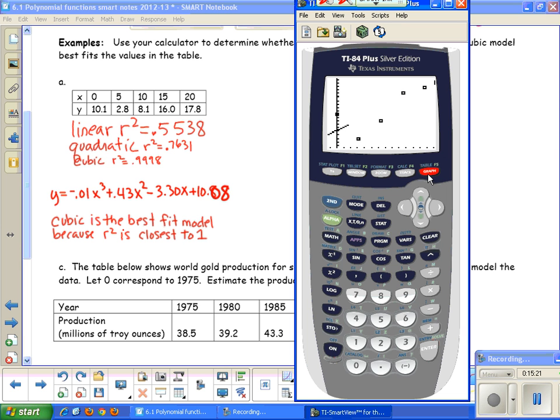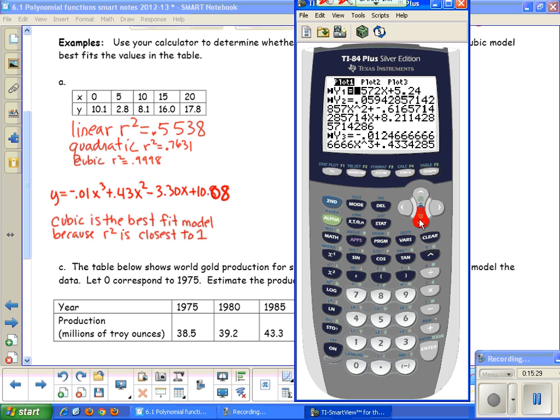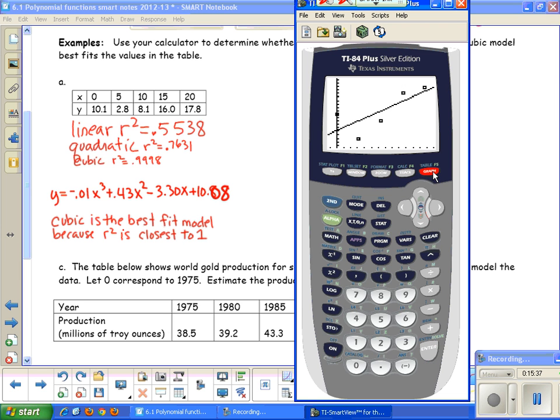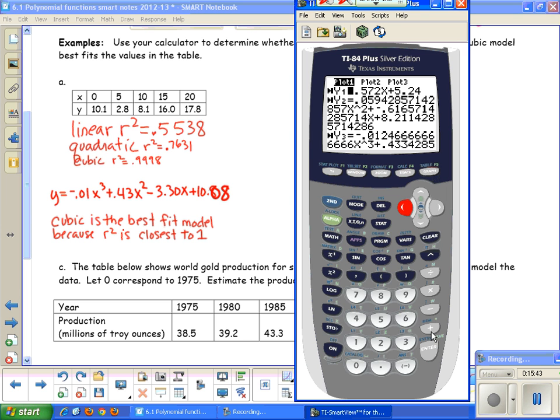So that puts all my equations into my y equals for me. And if I hit graph, it'll graph all three. So that was the line. The next is going to be my quadratic if I graph it. So if I go to my y equals and turn that on, and I'm going to turn on the cubic as well and hit graph. So that was my linear. I don't know why it's not graphing my y2.